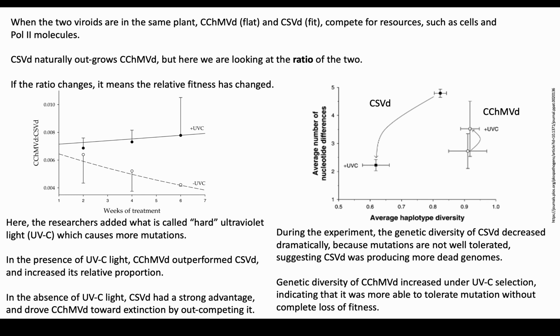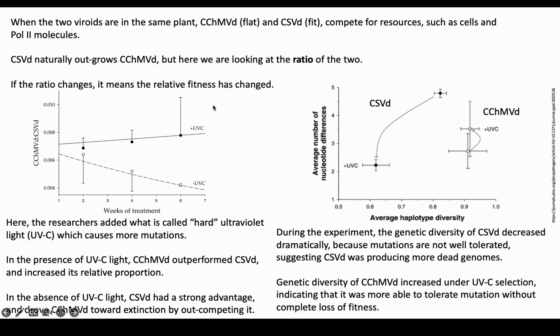So then they did the actual experiment, and this is the coolest part. So ultraviolet radiation can cause mutations. And ultraviolet A is kind of the least likely to cause mutations, but the shorter wavelengths, things like ultraviolet C, this is what they called hard ultraviolet. This is really likely to cause mutations.